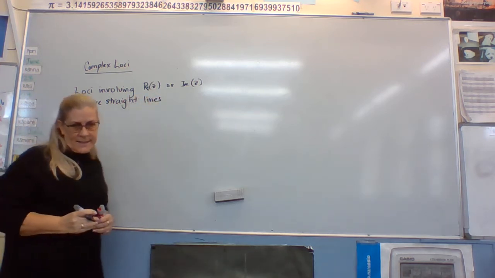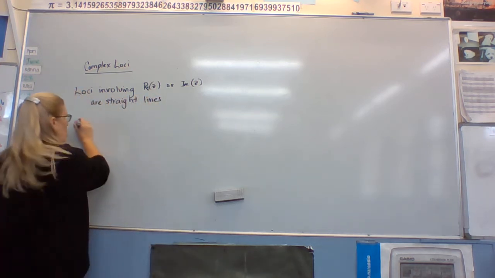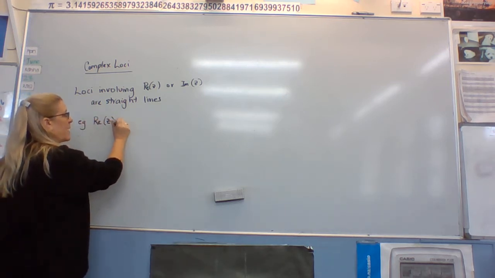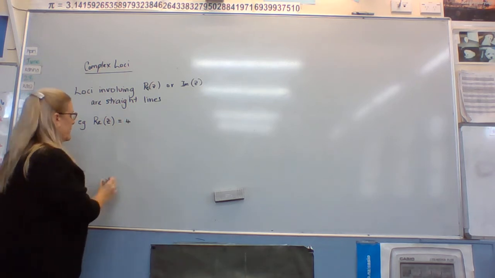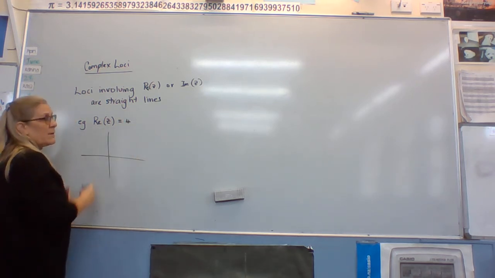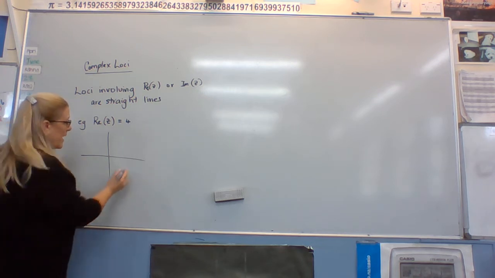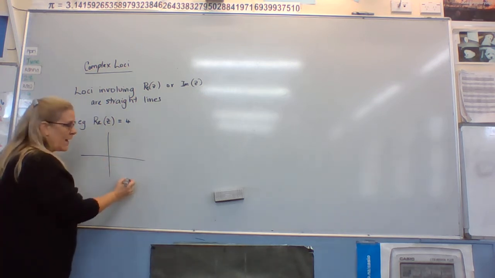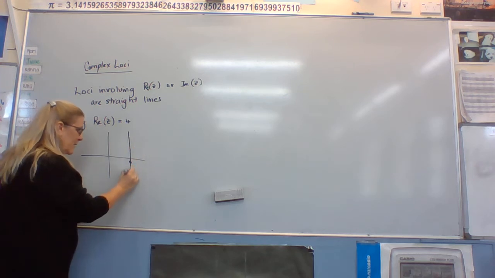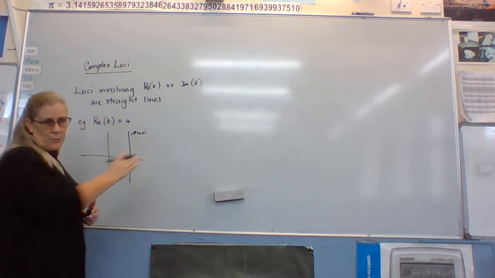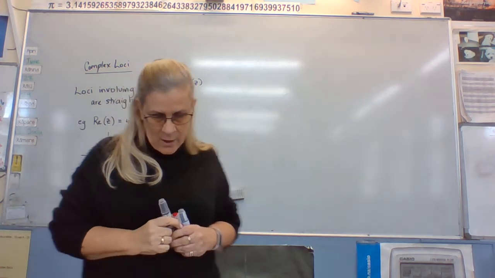What they're going to say is something like, show me the loci where the real part of the complex number equals 4. So any complex number that has the real part of 4. The real part is on X, so here's 4, here it is. That's the loci. And then if you had an imaginary part, it would be the other way around.